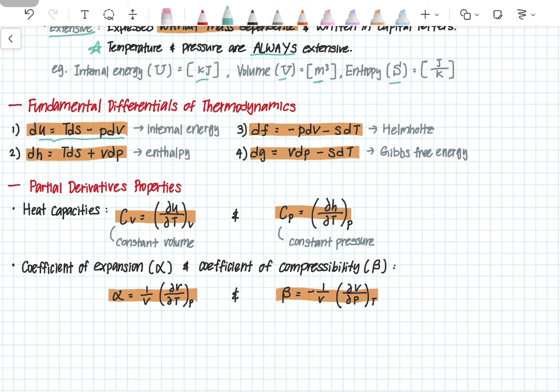The second is enthalpy. dH is TdS plus VdP. The third is your Helmholtz free energy. dA is equal to negative PdV minus SdT. Gibbs free energy is dG is equal to VdP minus SdT.